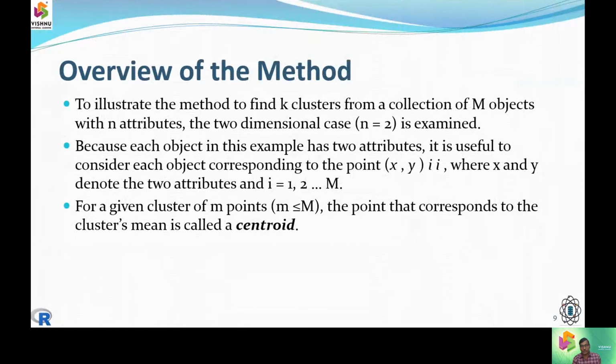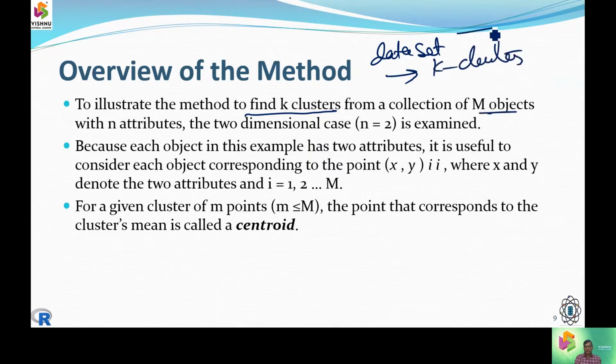Okay, so now I need to do some clustering method. How can I do this clustering method? First of all, I have a data set, and from this data set I need to find k clusters. We have a data set with m objects, and from the m objects I need to find k clusters.